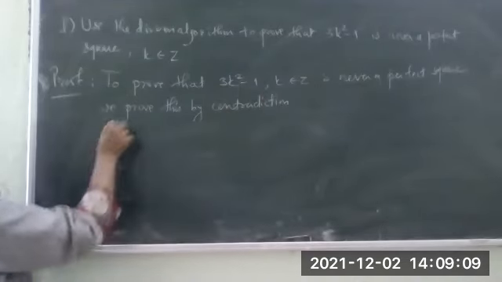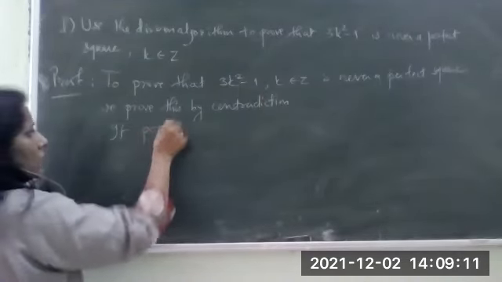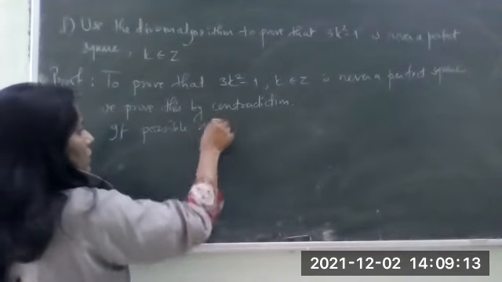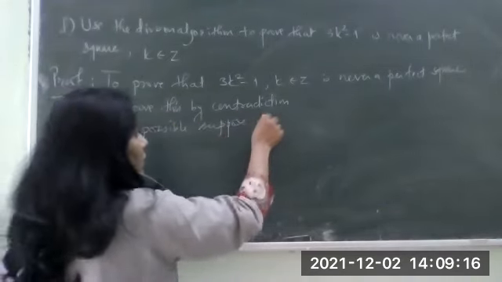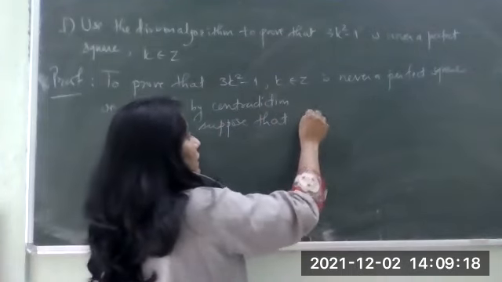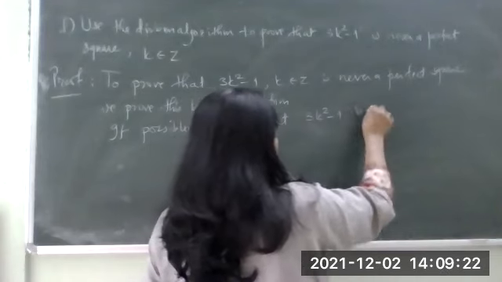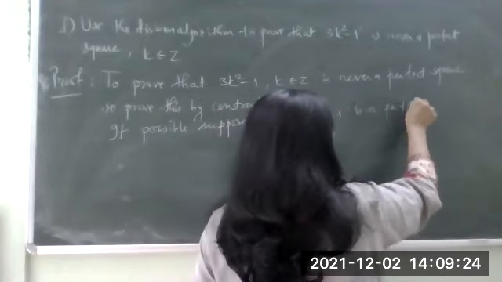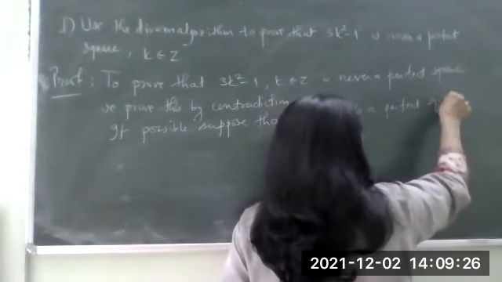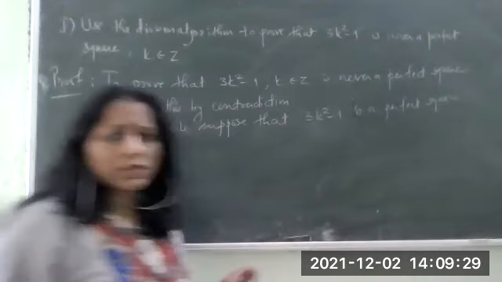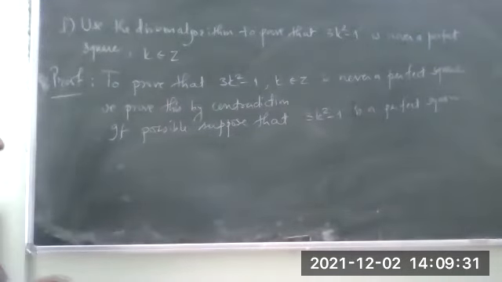If possible, suppose that 3k² − 1 is a perfect square.